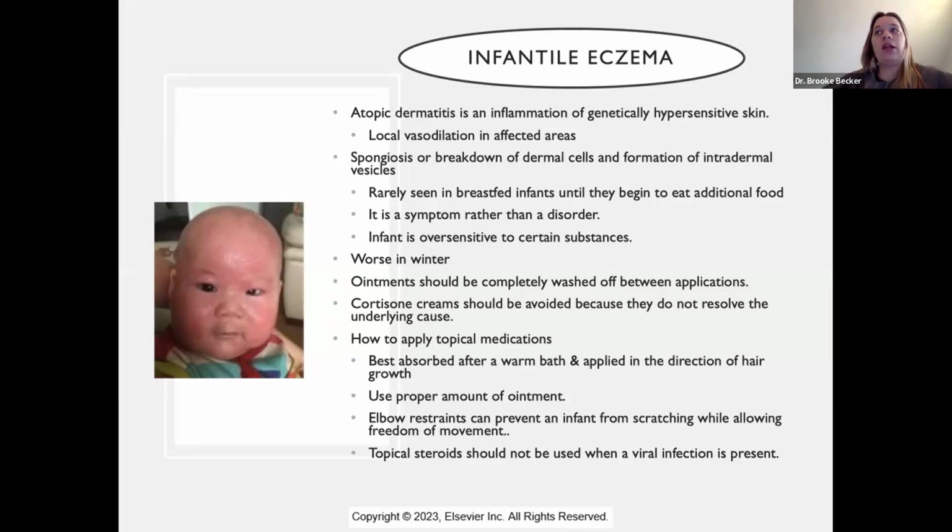Also, if kids are getting topical steroids and there's yeast involved, the yeast is going to get worse. So things are going to look worse. At that point, you would stop the steroids and do an antifungal or anti-yeast medication, usually topical too.